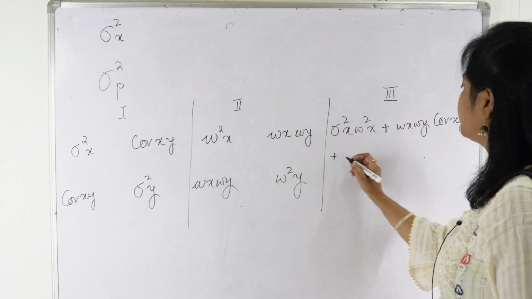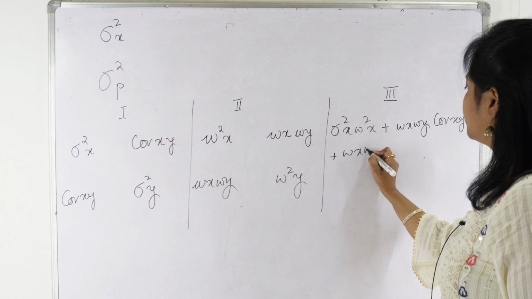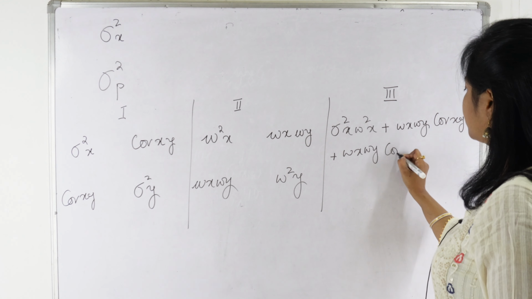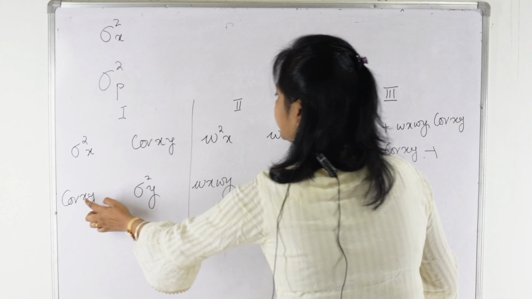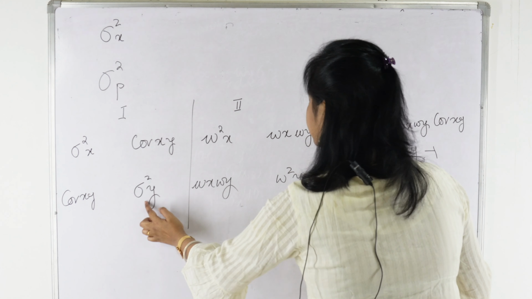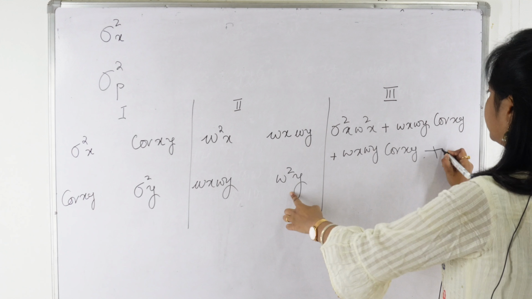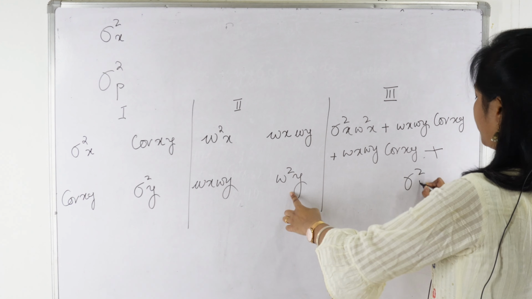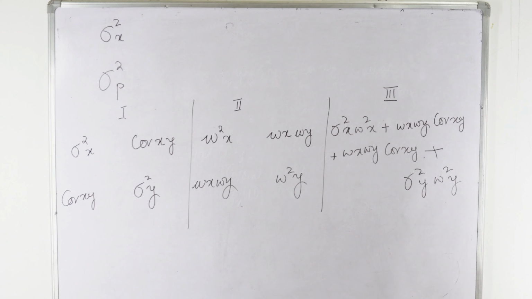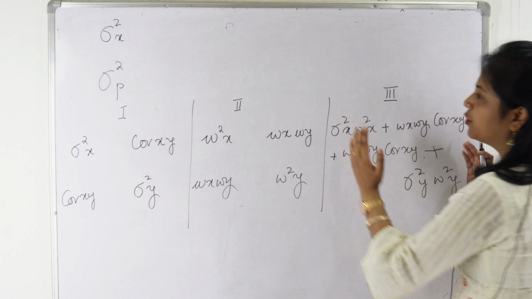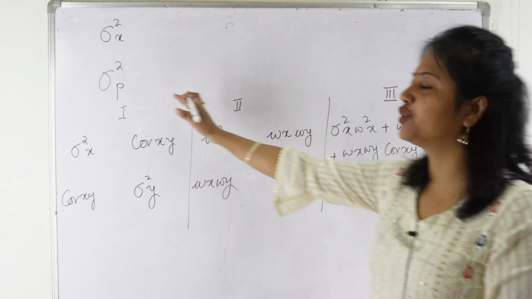So this is the same, wx, wy, covariance of xy, plus variance of y into weight squared of y. So what I have done, I have multiplied this and this, and then this and this. If you put the values here, you will get the answer of portfolio risk.